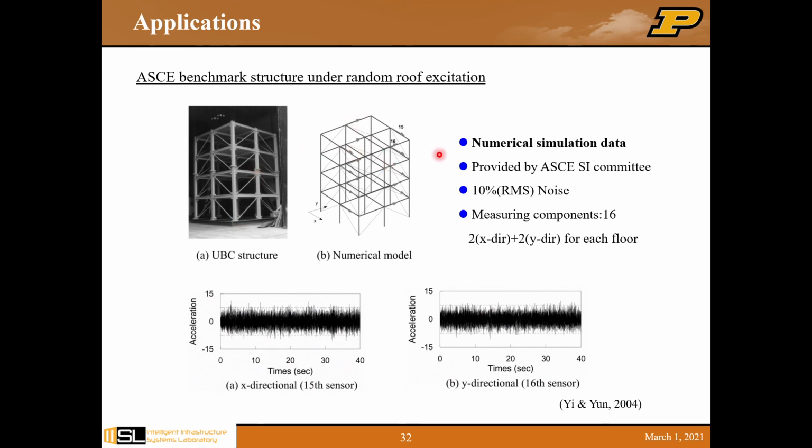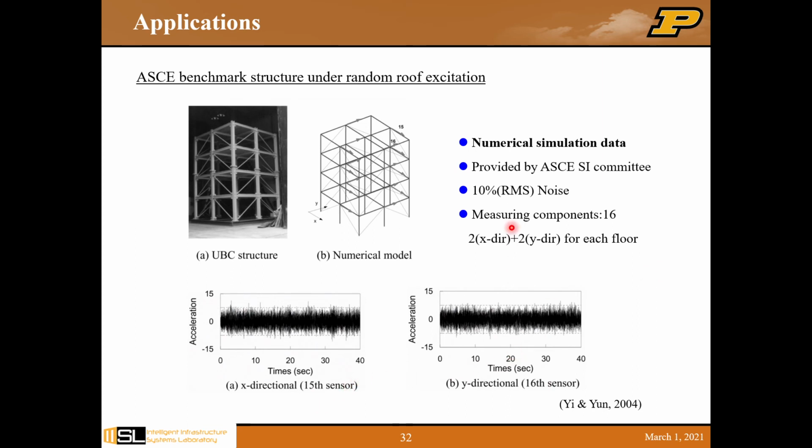The numerical model actually has a total of 16 measurement data. It has 4 floors here. On each floor, we have 2 sensors in the X direction and 2 sensors in the Y direction. So eventually we have 16 measurement data.